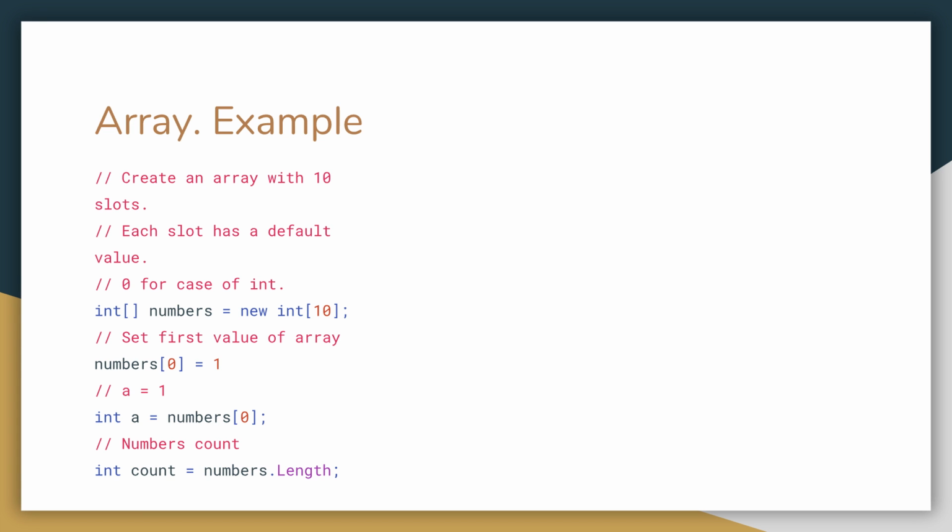And to access an array, we need to use some sort of an index. Index for all collections except hash-based collections. I mean a hash map or dictionary.